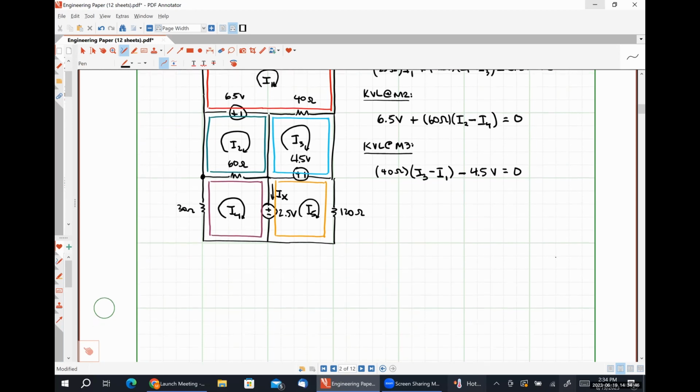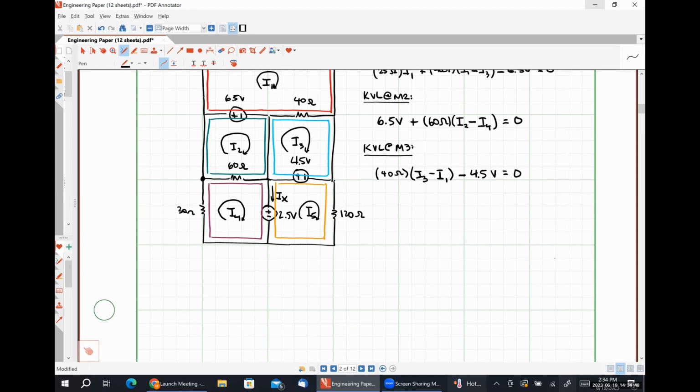All right, let's look at mesh 4. Can I take it again? Unless someone else wants to. I don't hear anybody speaking up, so you go for it.